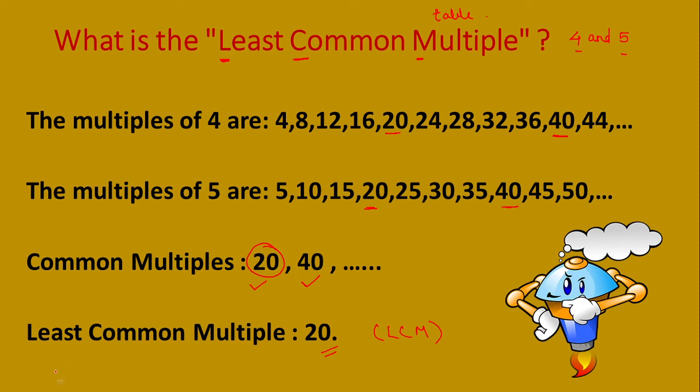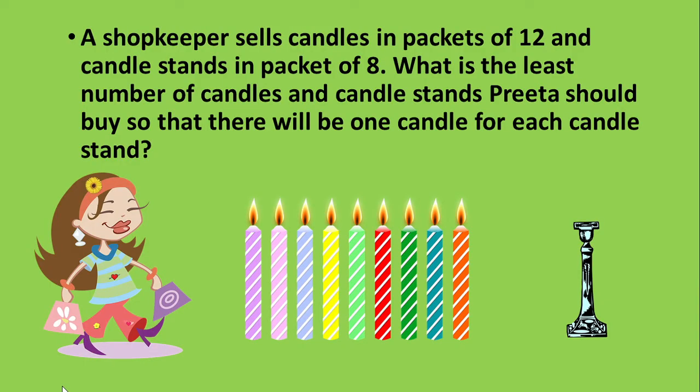Now let's see, children, how we can use it in our daily life. As Diwali festival is about to come, everyone is busy shopping. So let's take the current example. A shopkeeper is selling candles in a packet of 12. In a single packet, he is selling 12 candles.